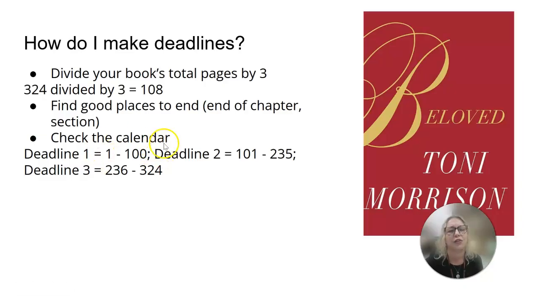And I wouldn't want to read 135 pages for my first deadline, because starting a new book is the hardest part of a book, right? Because you have to get to know the characters, the universe that's being described, the setting, all this stuff. And so I thought, well, you know what? We have the end of a section on page 100. I'm just going to make that my first deadline, knowing I'm 8 pages short of what I should be reading, and tack that on later.